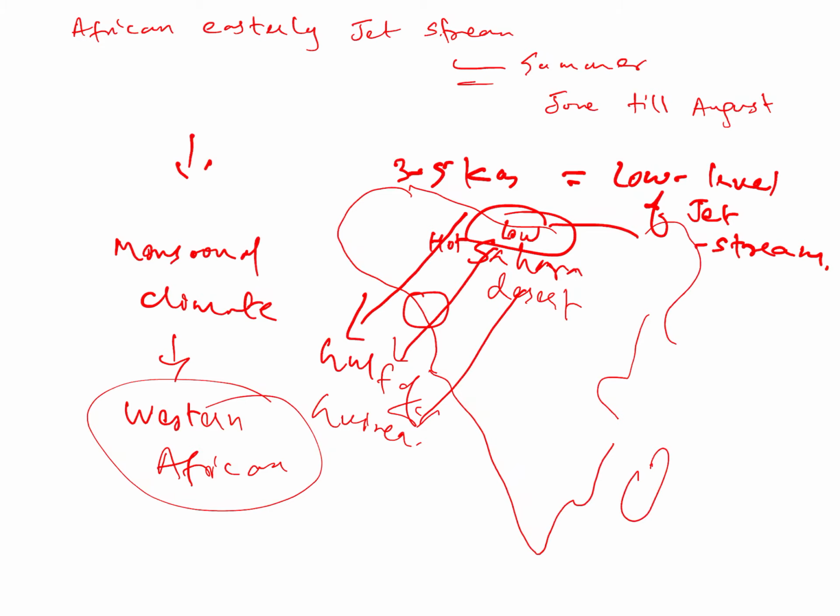One more jet stream has been observed, and this is called the Somalian jet, or also the cross equatorial jet, which you have already seen.